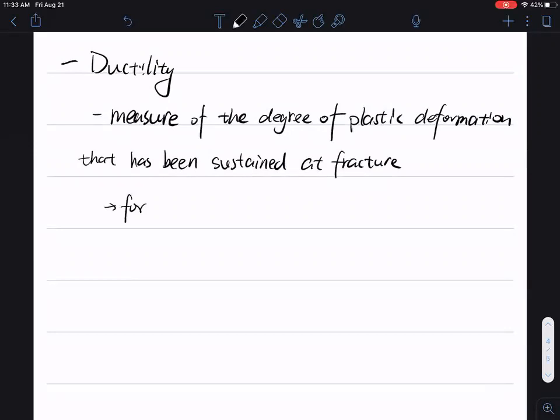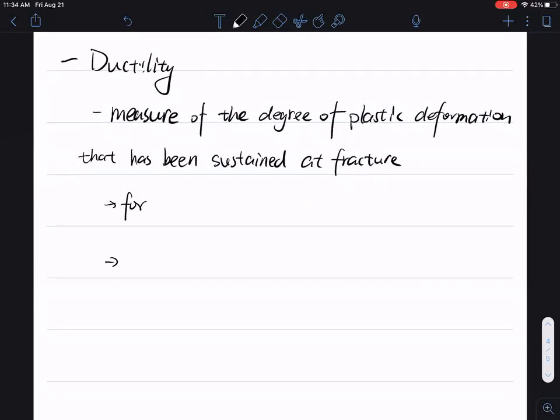So ductility, of course, for ductile materials such as gold, silver, and those materials are softer, those materials are going to have larger ductility. And for brittle material, it's going to have a totally different scale on ductility.